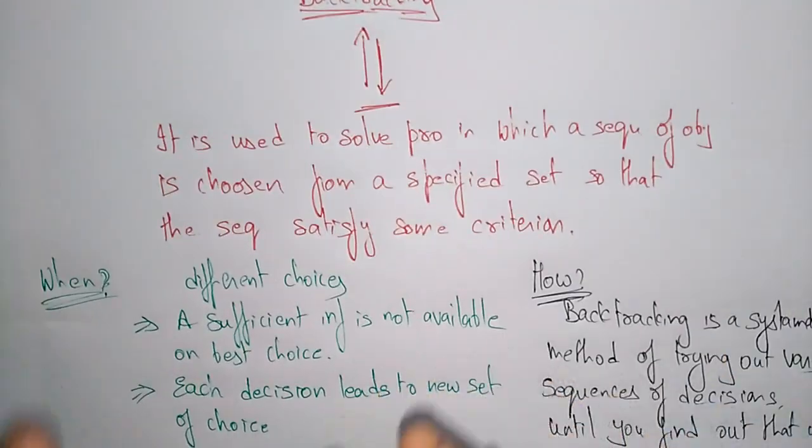Backtracking means whenever you are trying to find a solution to some problem, you have a sequence of objects to be chosen from a specified set of sequences. In that we have to check criteria, and based on the criteria you select the best path.